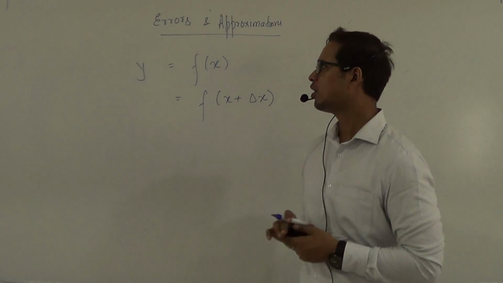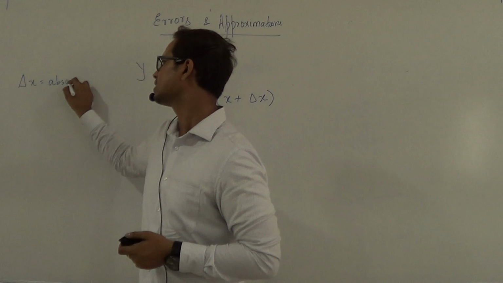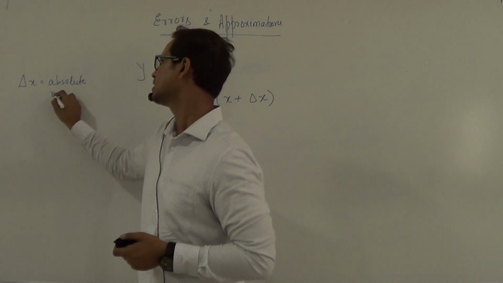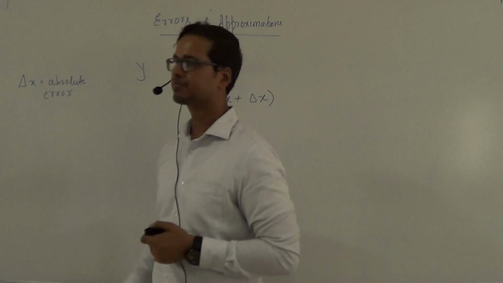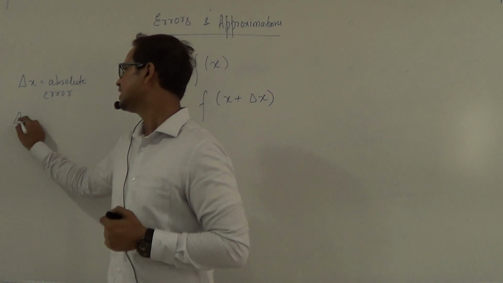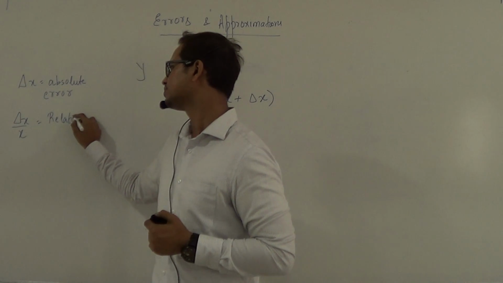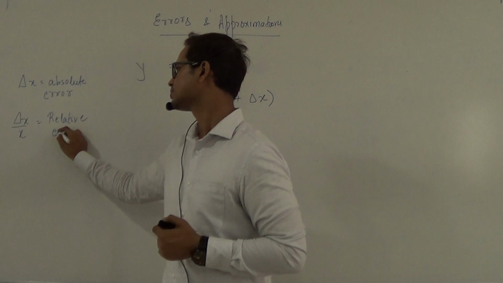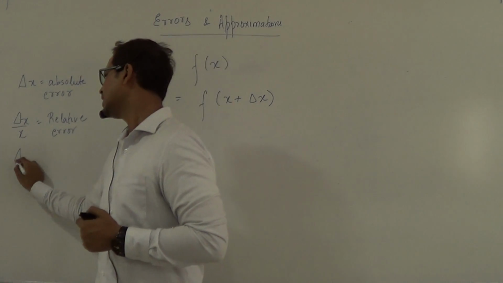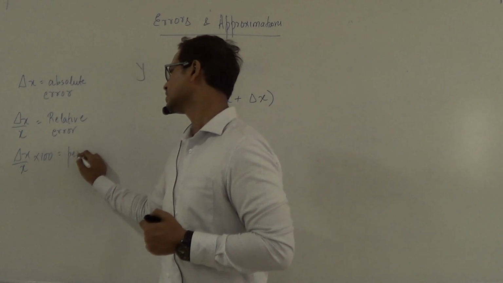So we normally call delta x the absolute error in x. However, there are two more related terms which you should know. If I say delta x by x, this is called the relative error. And if you multiply relative error with 100, it becomes percentage error.